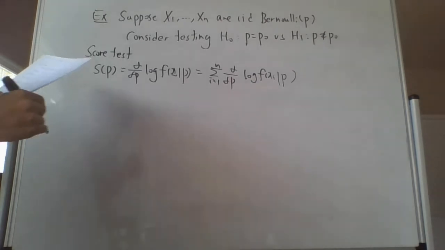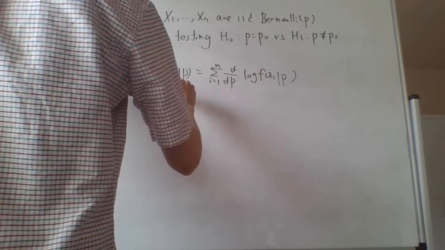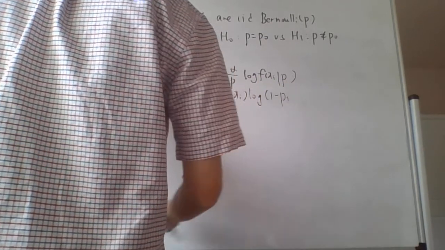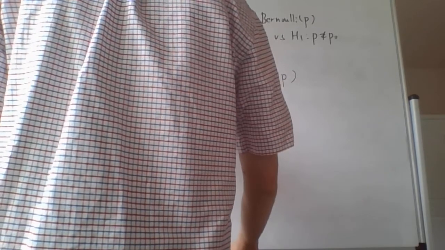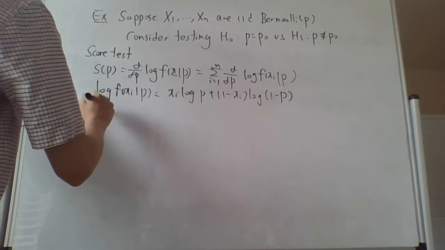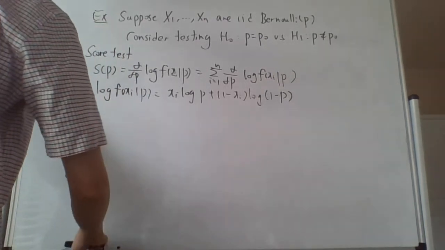You can easily see that the log of f(xi given p) is equal to xi log p plus 1 minus xi times log of 1 minus p, where f(xi given p) is equal to p to the power xi times 1 minus p to the power 1 minus xi.